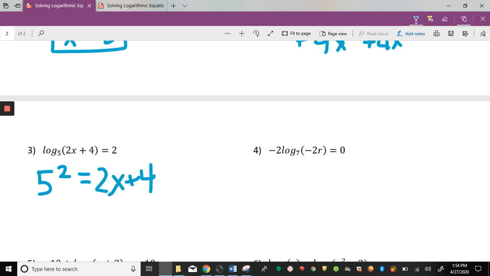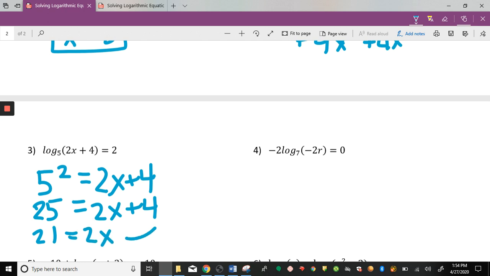And then you just solve for your variable. So this is 25 equals 2x plus 4. Subtract 4 from both sides, I get 21 equals 2x. Divide by 2, I get x equals 21 over 2, which is the same as 10.5.